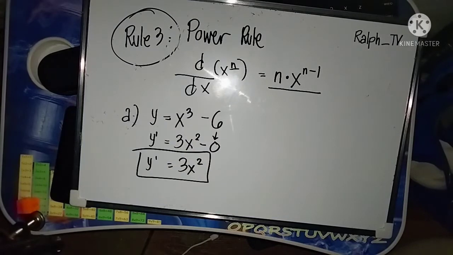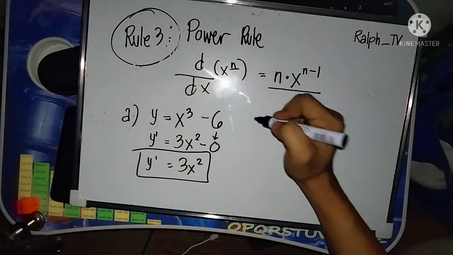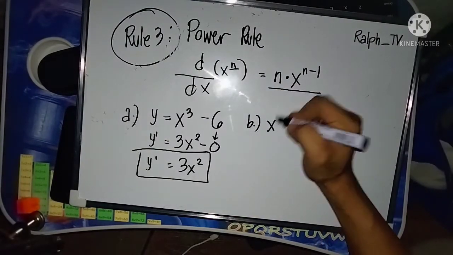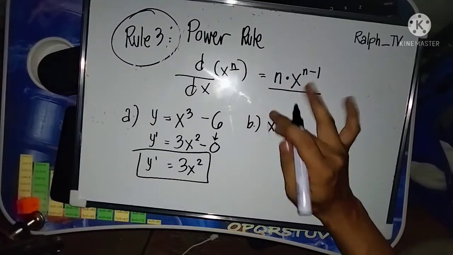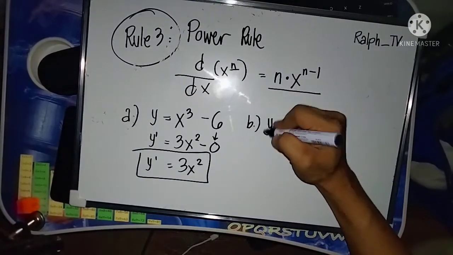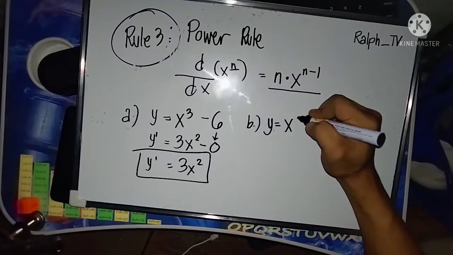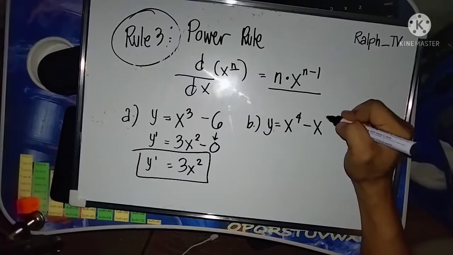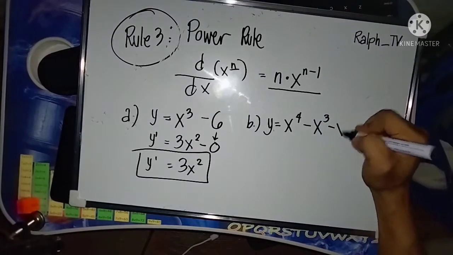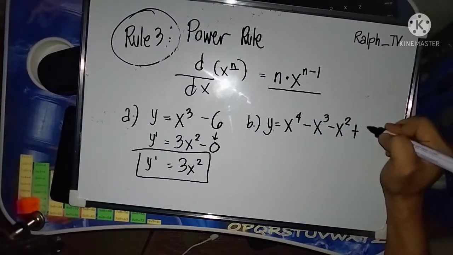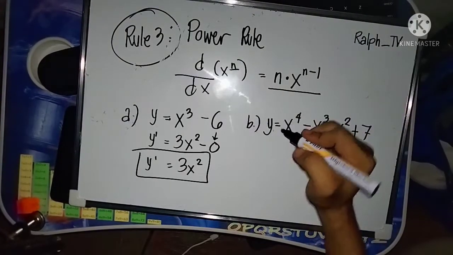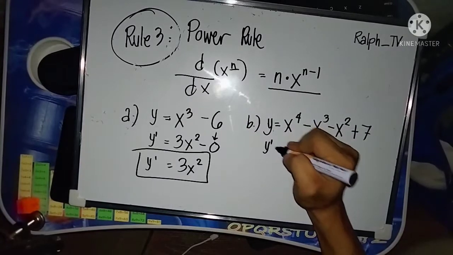Kung hindi pa rin kayo satisfied, meron tayong another example. We have ito, b is equals to 8x, y is equals to x raised of 4 minus x cubed minus x squared plus 7. So, derivatives of y is y prime.